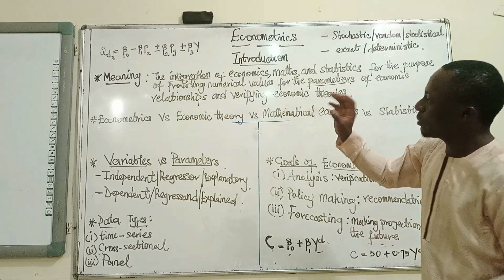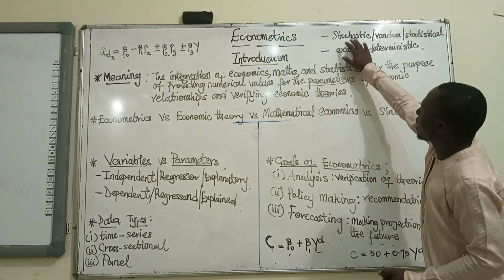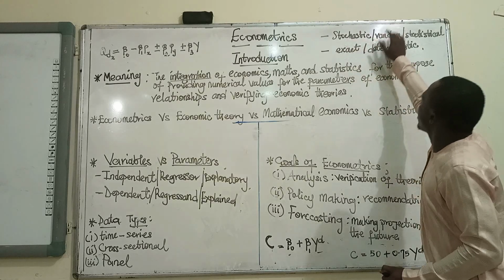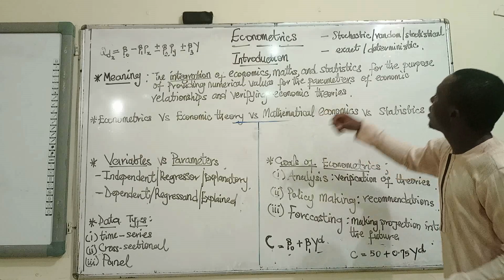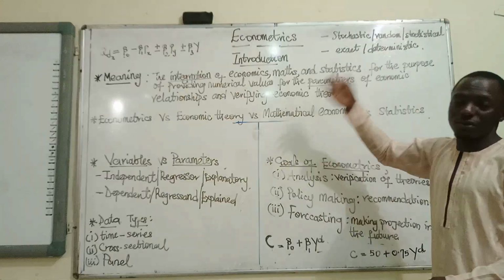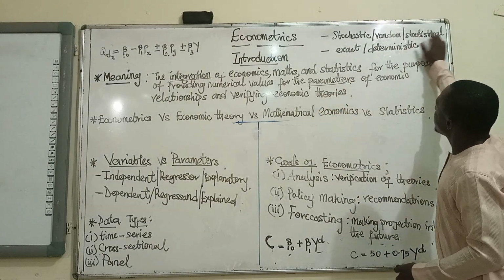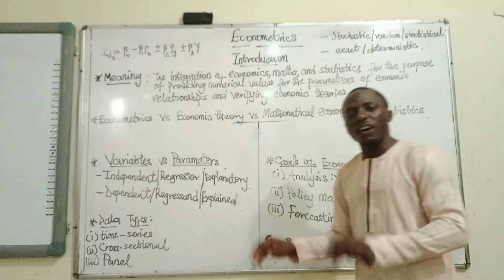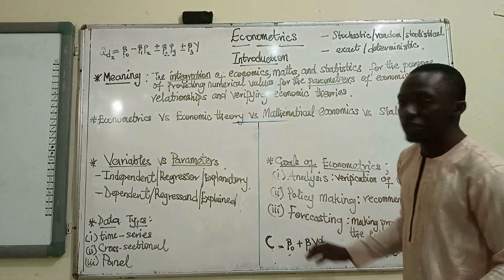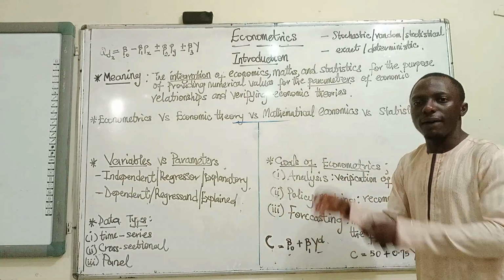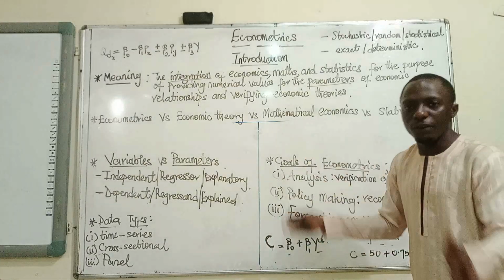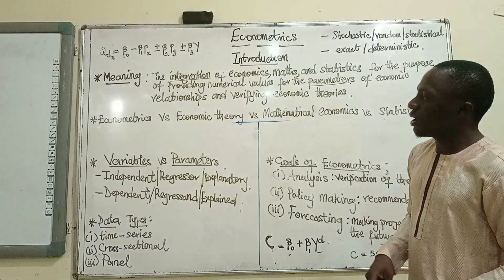So we say econometrics focuses on variables that have stochastic or random or statistical components. Stochastic or random, they mean the same thing. Statistical components simply refers to variables that have probability distributions that are random in nature. So they are not exact, so their values can always differ. So that's what econometrics does.